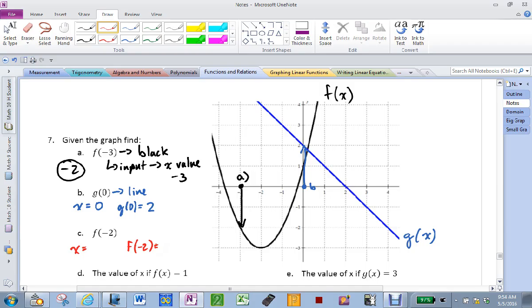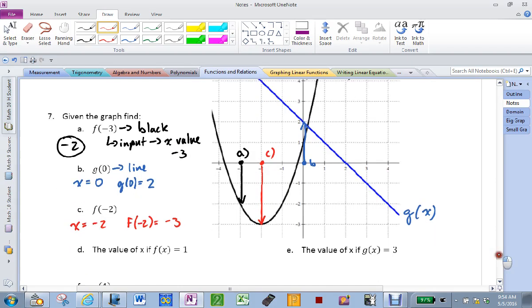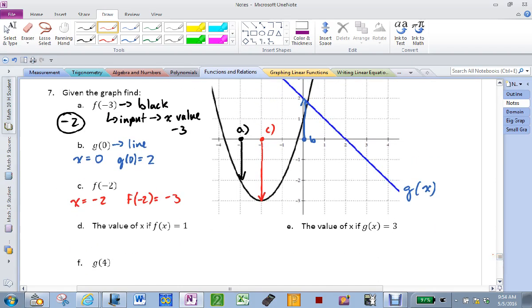Would anybody like to volunteer an answer? So my x value is negative 2, my f of x is negative 3, because you went to negative 2 and you found your output. Everybody good?